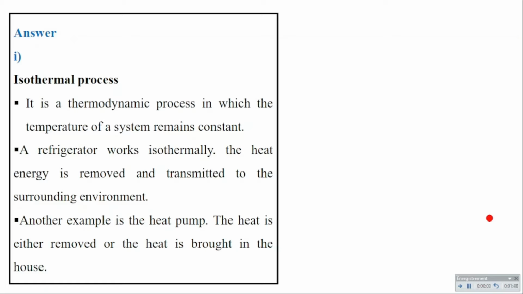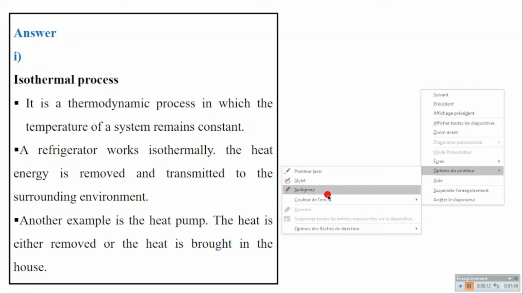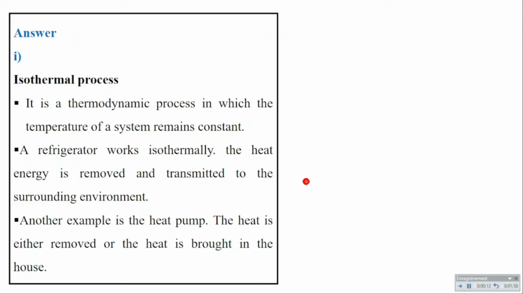We need to start with the isothermal process, and they're asking what is an isothermal process and what is the internal energy change for an isothermal process. Take a thermodynamic process in which the temperature of a system remains constant.